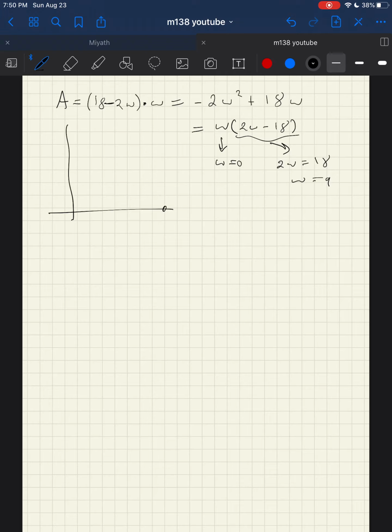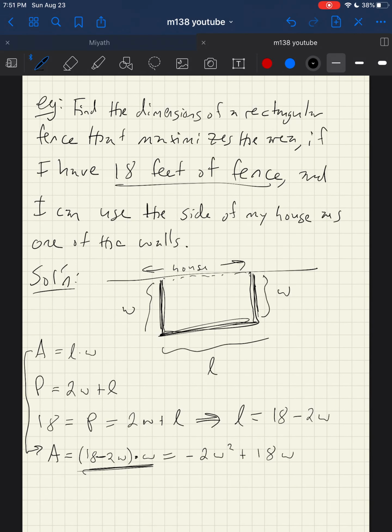So I know that this parabola has zeros at 0 and 9, and because the area should be positive, I'm expecting the parabola to go up above here. So as the width changes, if the width here was 0, right, then the area would be 0.